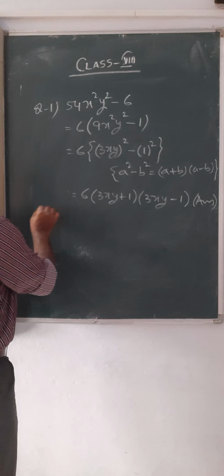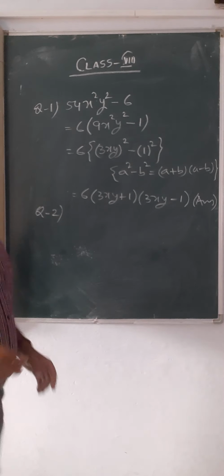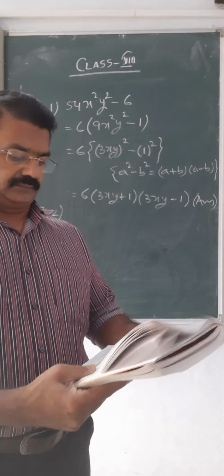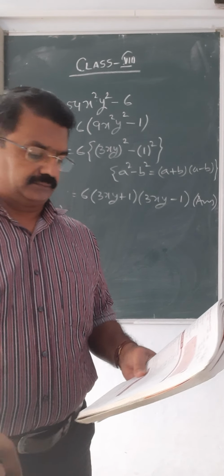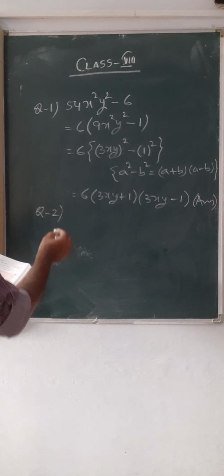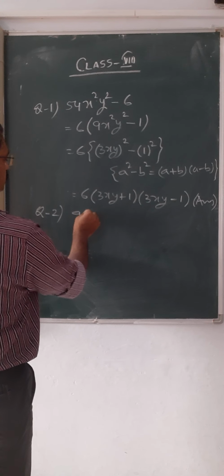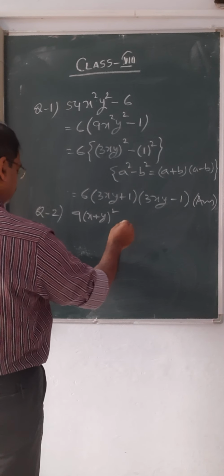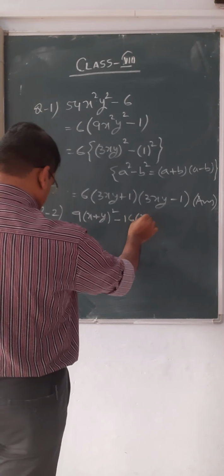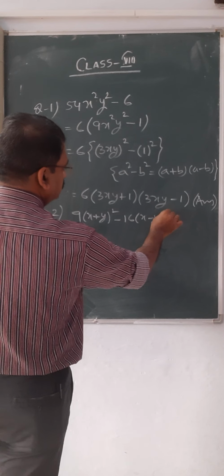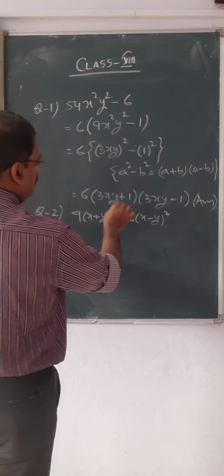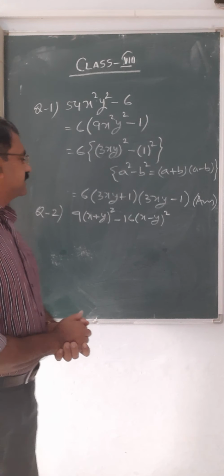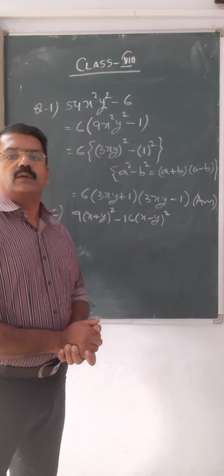Now the next question: 9 into x plus y whole square minus 16 into x minus y whole square.